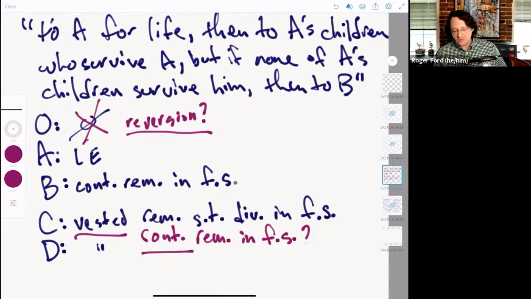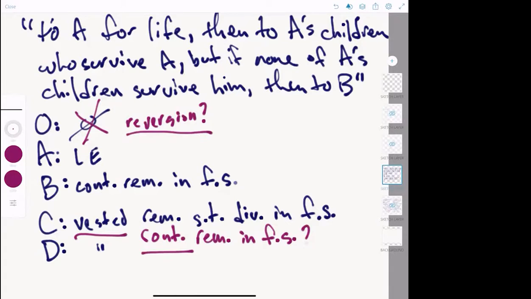So we've got "to A for life, then to A's children who survive A." Is that contingent on anything, any condition precedent in order for them to receive it? Them surviving A. So what do we think?